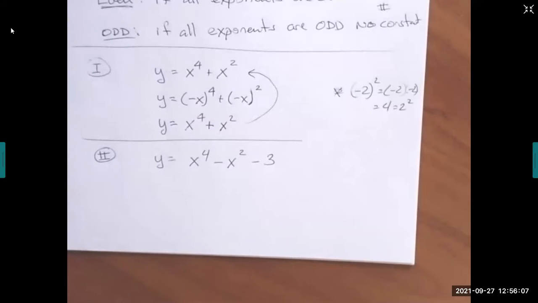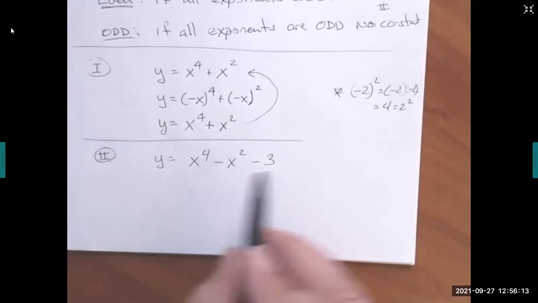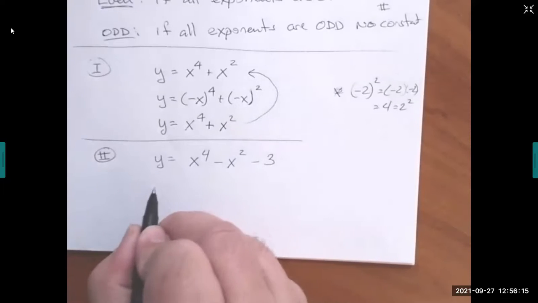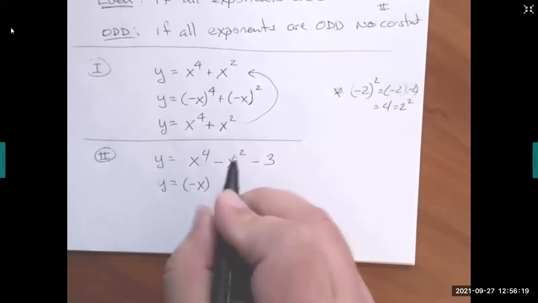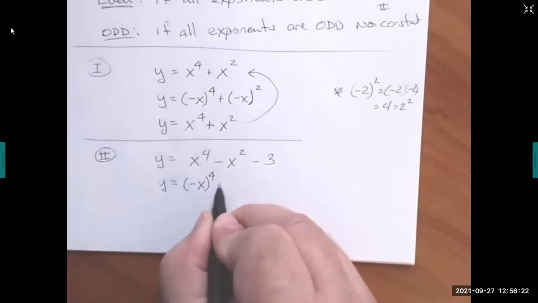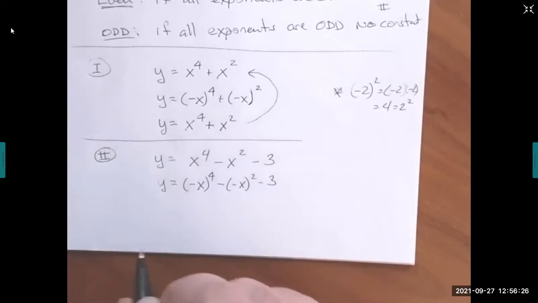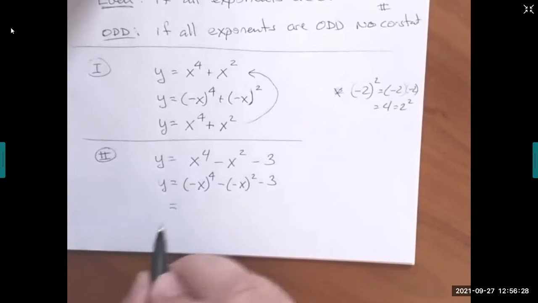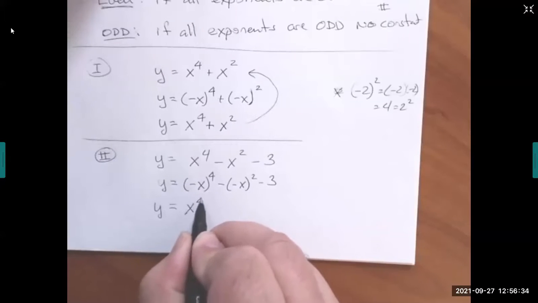Is this one odd or even? Let's check it out. All the exponents are even and you have a constant. So if I change the signs, change the x's from positive to negative, the negatives get canceled by the even exponents.